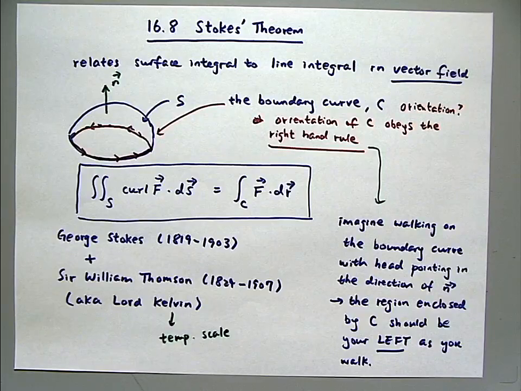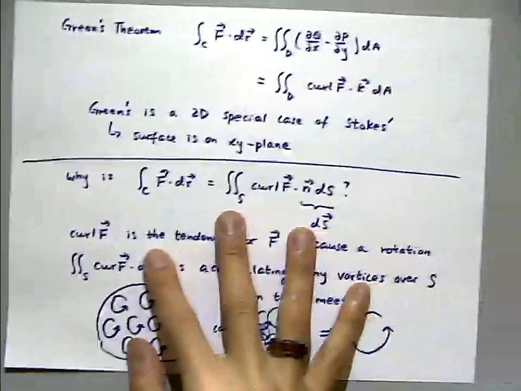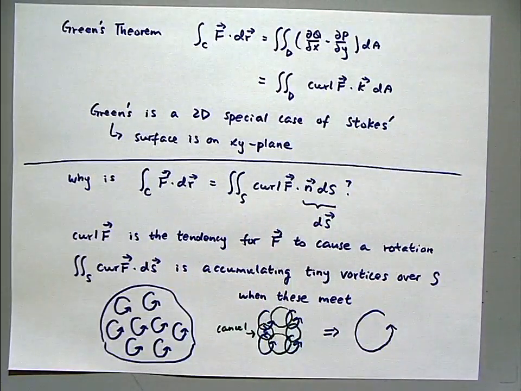Okay, now look at the same thing with the entire surface. The same thing is happening. All of these interior parts, when they meet, will cancel each other out. So at the end, the only thing that matters is how they're going around the boundary curve. Right, so here's my big surface, and we've got these things.